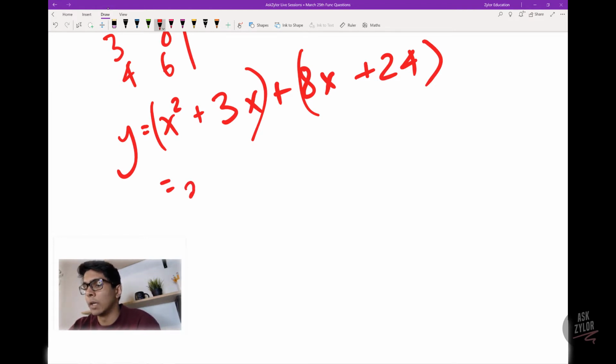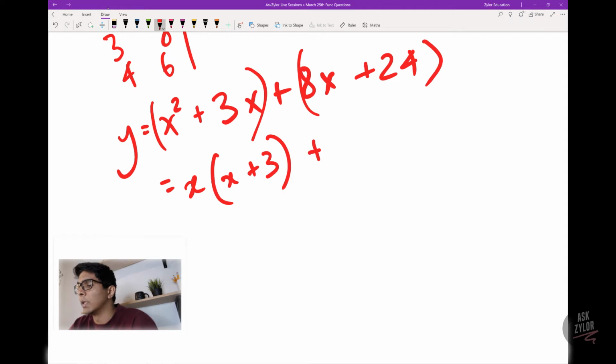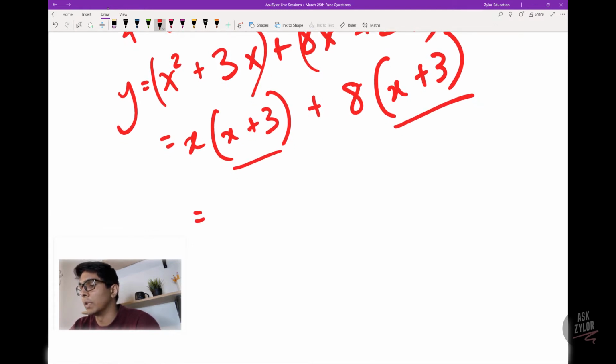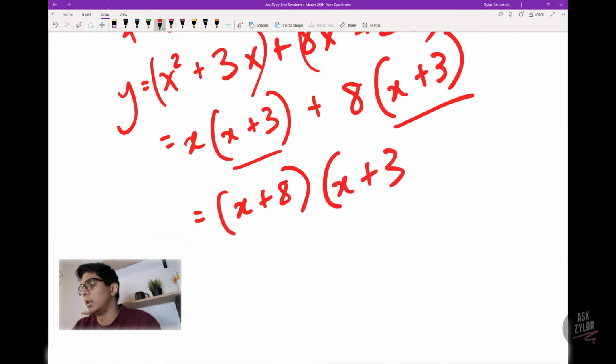In the first bracket I can factor out an x, so I have x(x + 3), and in the second I can factor out an 8, so 8(x + 3). Then I have the same term inside my bracket, so I can factor out the (x + 3). So I have (x + 8)(x + 3).